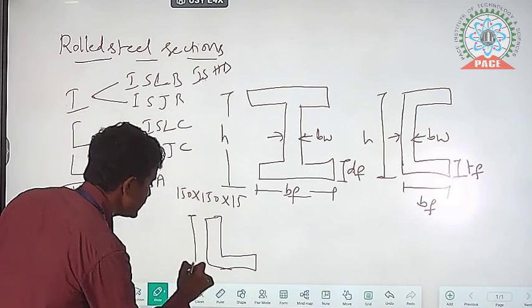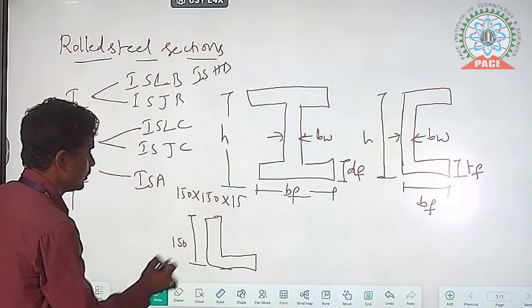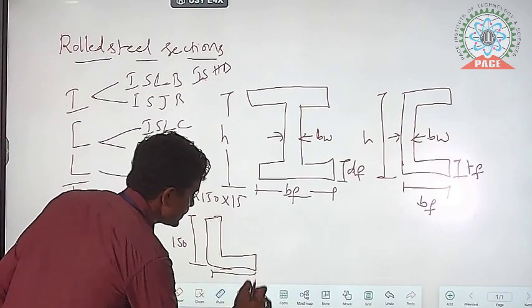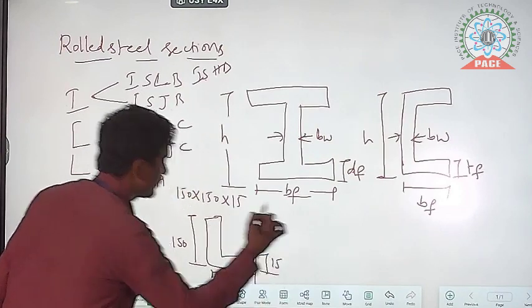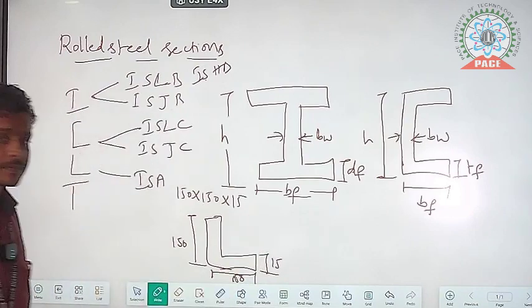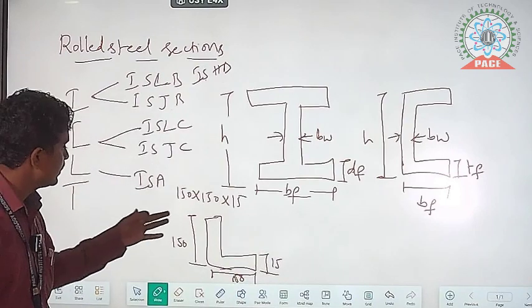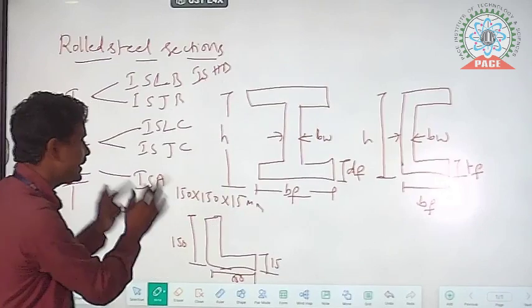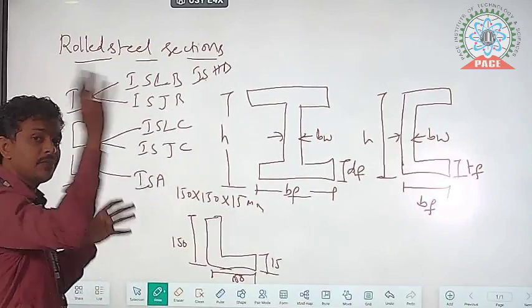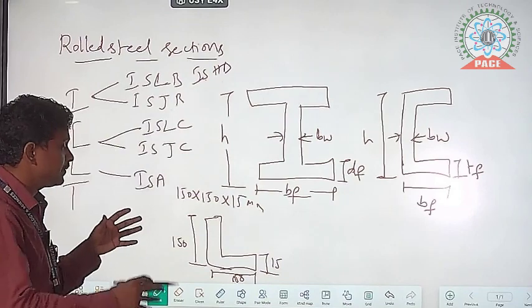This 15 means this thickness. So 150 into 150 into 15 mm. Like that, different types of angle sections also available in the market. Whatever the section we need, we have to take it. That is about the Indian Standard Angle section.